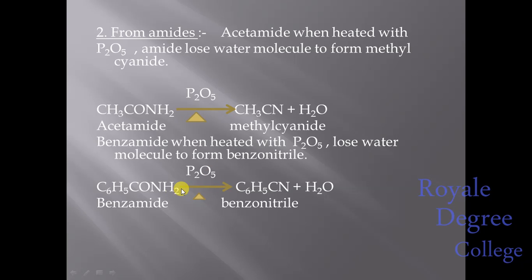So removal of water will take place from benzamide. H2 is coming out, reacting with this oxygen, and we are getting the side product water. And the main compound is C6H5 carbon, to the carbon this nitrogen is attached. C6H5 is nothing but phenyl, to which the CN is attached. So phenyl cyanide, also named as benzonitrile.